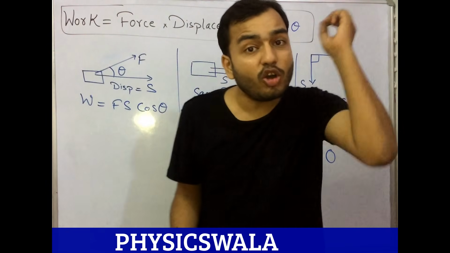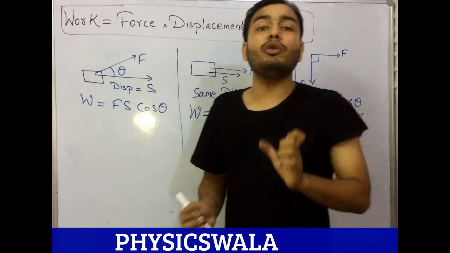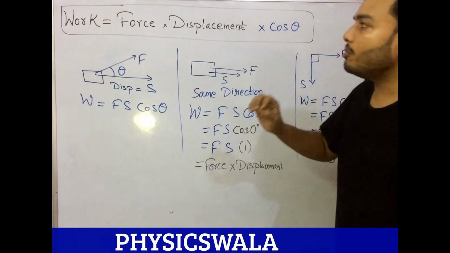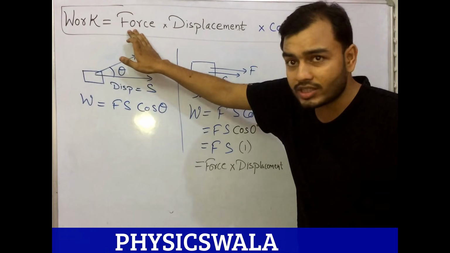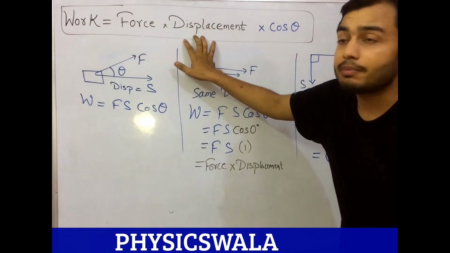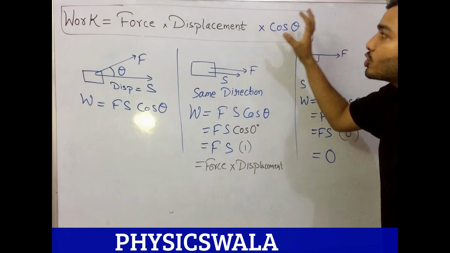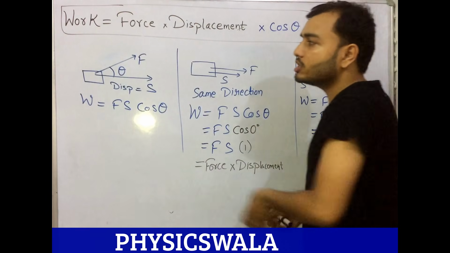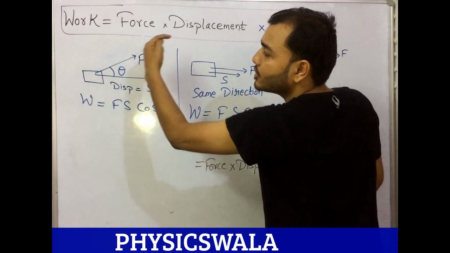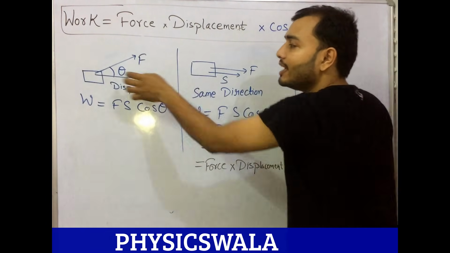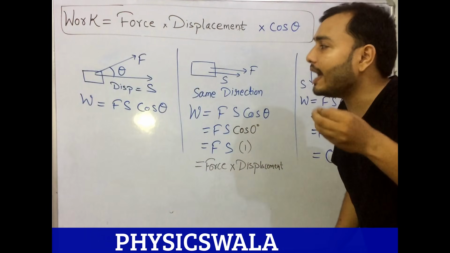Okay students, now you will study the real formula of work. What is the real formula of work? It is force multiplied by displacement multiplied by cos theta. So what is this cos theta? Suppose the force is applied in some direction and displacement takes place in some other direction.